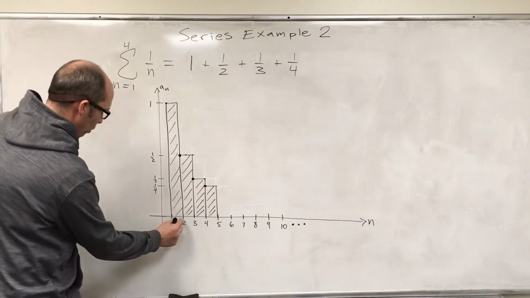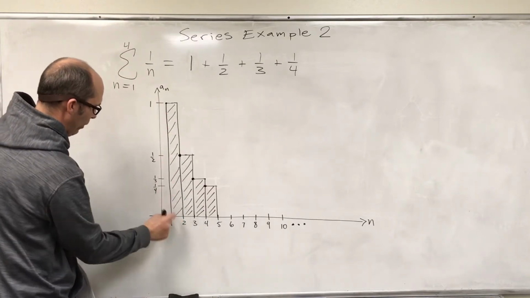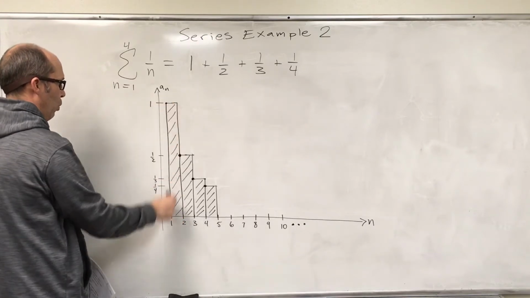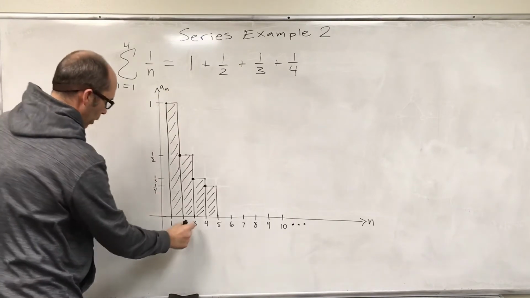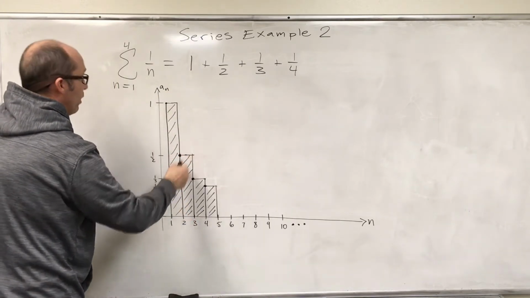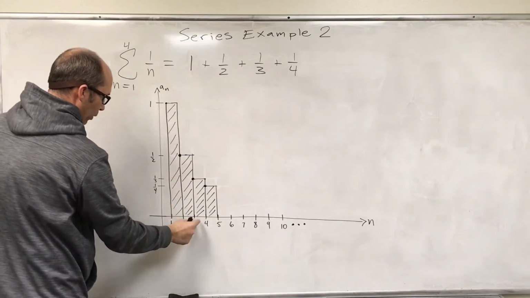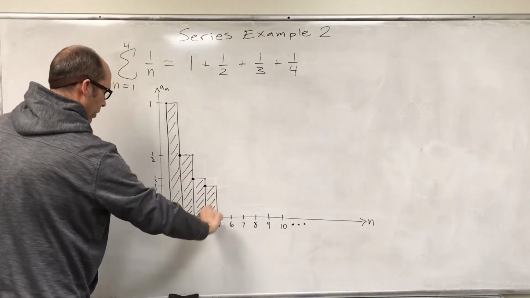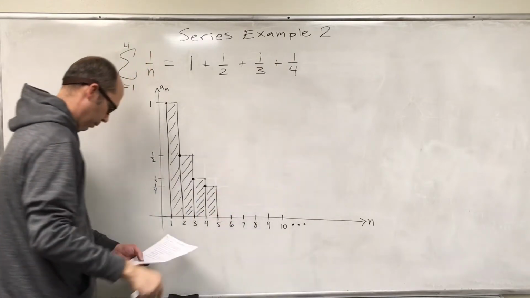This rectangle here has a width of 1 and a height of 1, so this is 1. 1 times a half, that's your half, plus 1 times a third, that's a third, plus 1 times a fourth, that's a fourth.